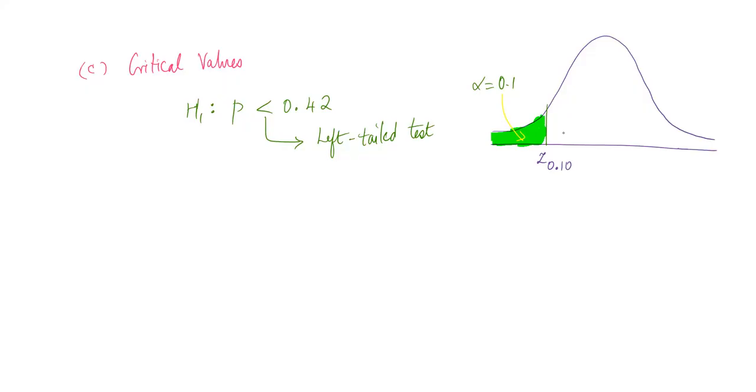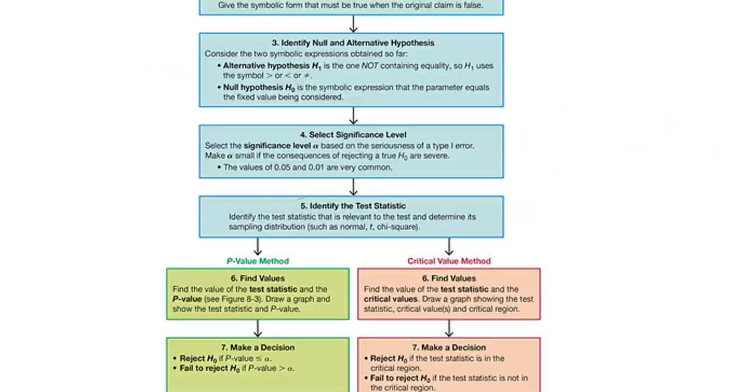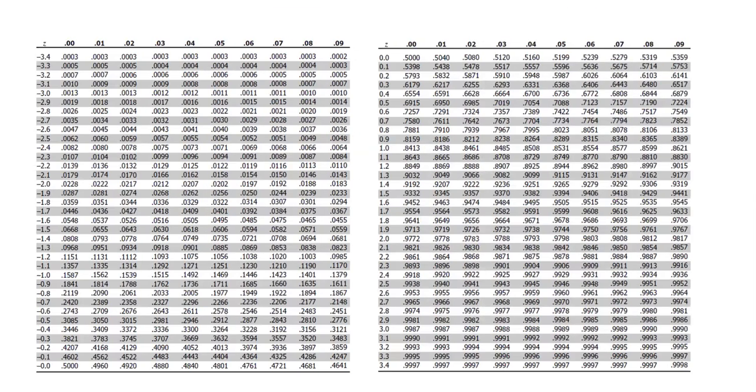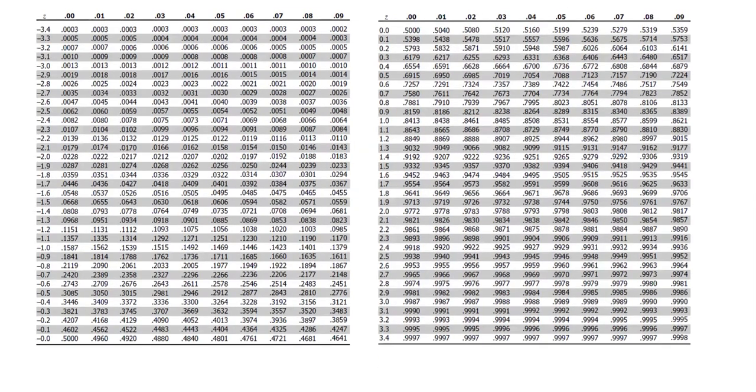Now this is already the area from the left. Therefore, you know that you could use the table value directly. So you need to go to the Z table and locate 0.1. You're not going to find an exact value for 0.1 using the table method, but try to get something as close to it as possible.